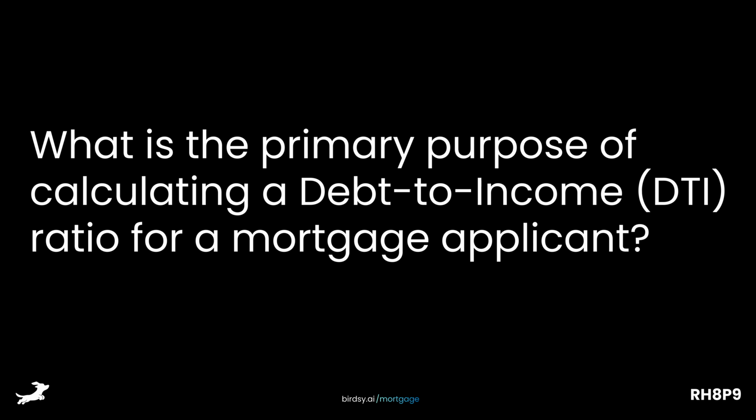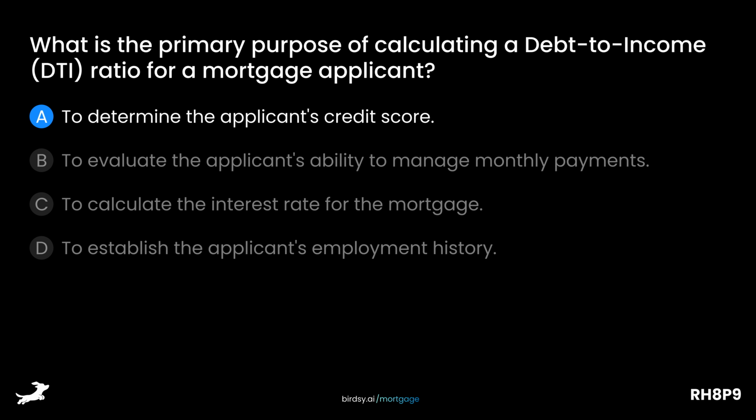Debt-to-income ratios. What is the primary purpose of calculating a debt-to-income ratio for a mortgage applicant? Is it A, to determine the applicant's credit score, B, to evaluate the applicant's ability to manage monthly payments, C, to calculate the interest rate for the mortgage, or D, to establish the applicant's employment history?